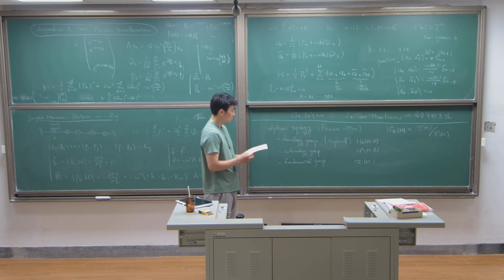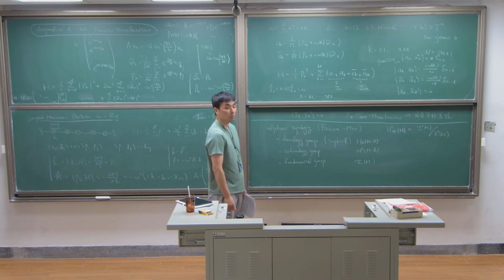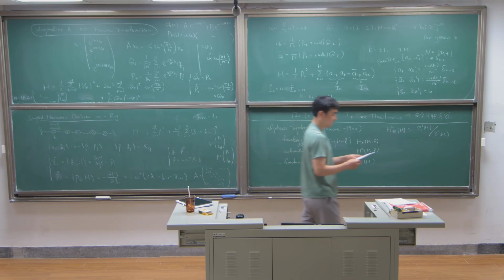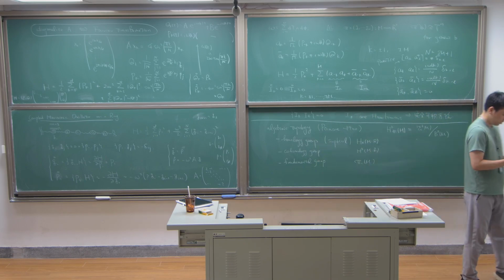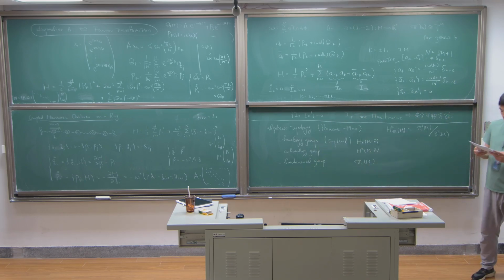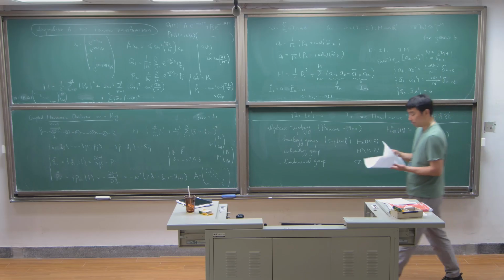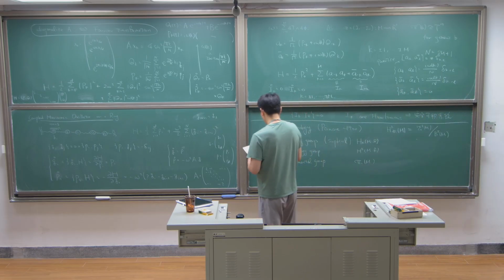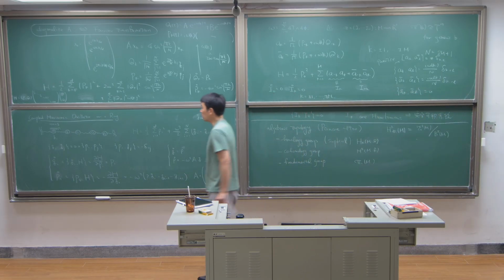So in algebraic topology we don't need smoothness. We just need continuity. So now we will define a homology group.